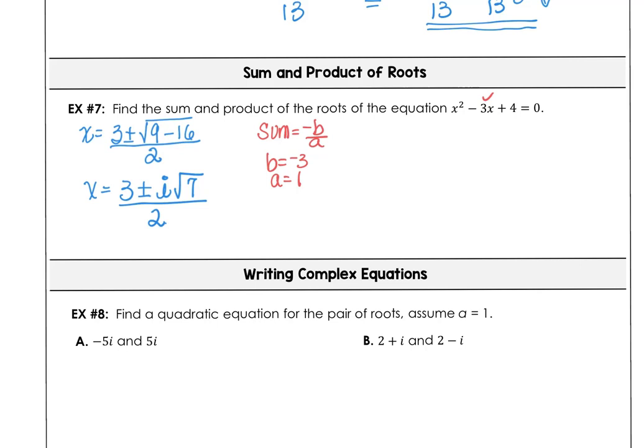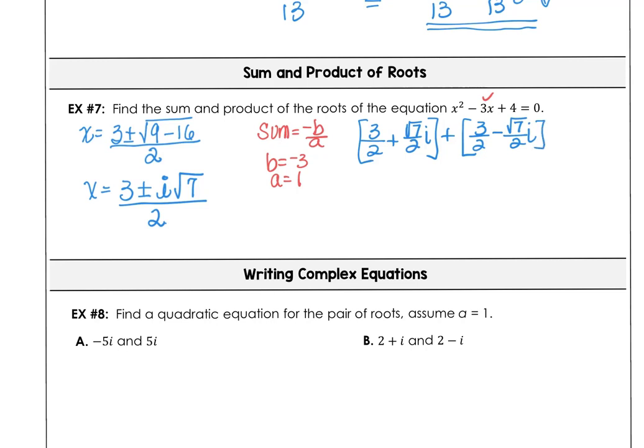So let's give that a try to verify we do get positive 3. The sum of our roots is 3 over 2 plus square root of 7 over 2i, and we want to add that to the other root, 3 over 2 minus the square root of 7 over 2i.